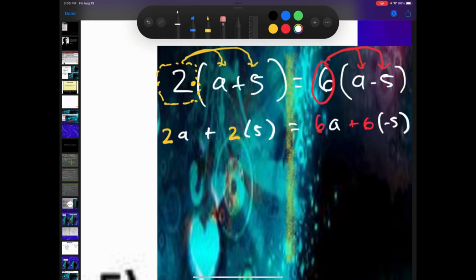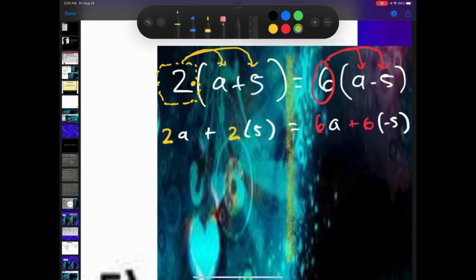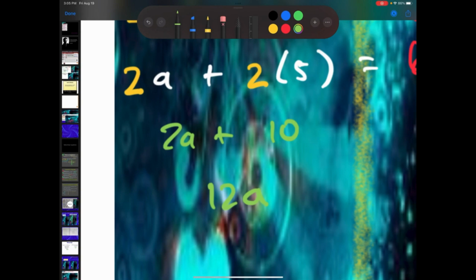Okay, now all I have to do is just simplify. Let's do that together. 2a, I can't simplify that anymore, plus 2 times 5 is 10. Okay, pay attention. Tell your partner yes or no. Ready, set, go.